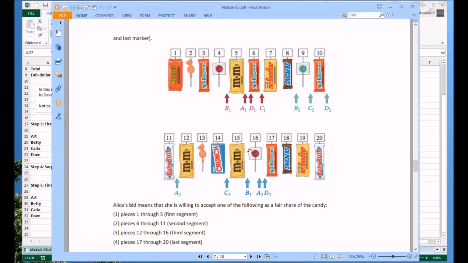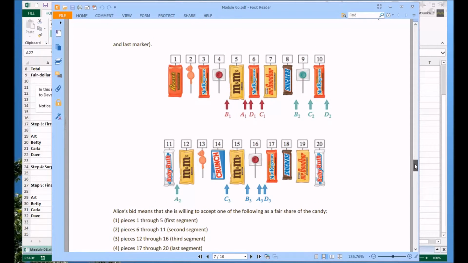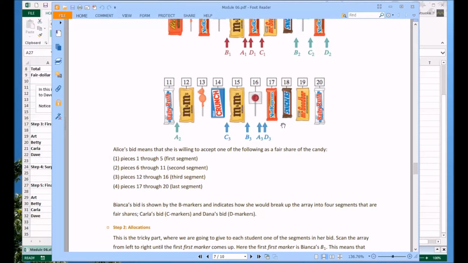To her, it doesn't matter if she gets the first one, the second one, the third one, or the last one. It's equally good to her. So in summary, Alice is happy if she gets any of these 4 pieces: 1 through 5, 6 through 11, 12 through 16, or 17 through 20. To her, all these are equal.